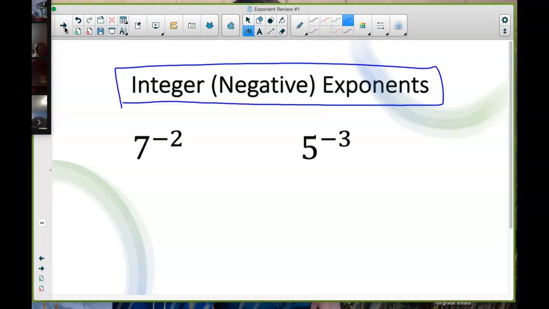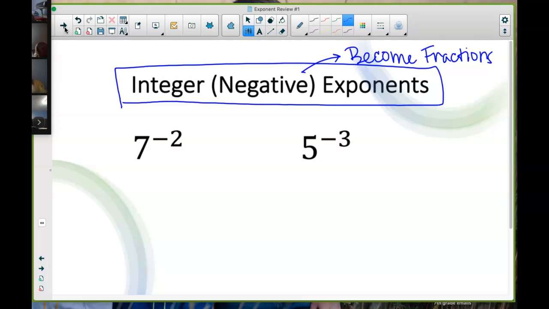If on your test I ask you to evaluate a negative exponent, or figure out what it equals, remember, negative exponents become fractions.